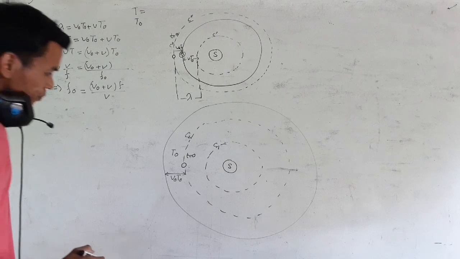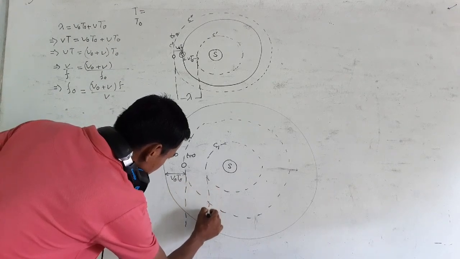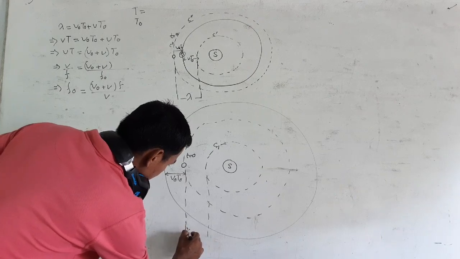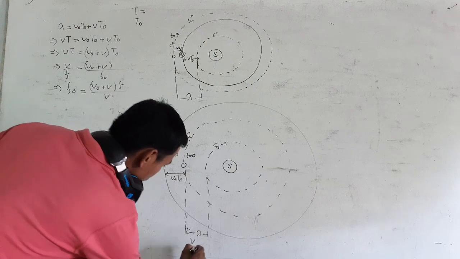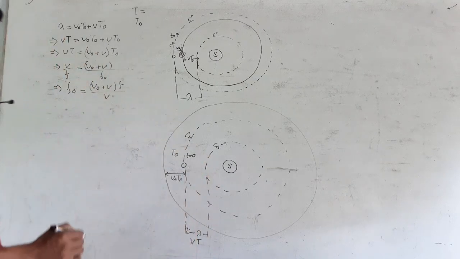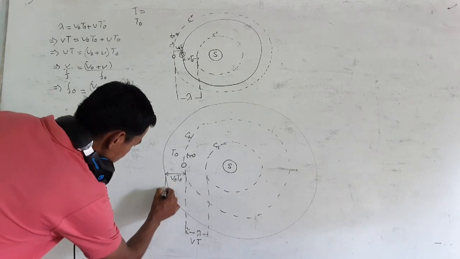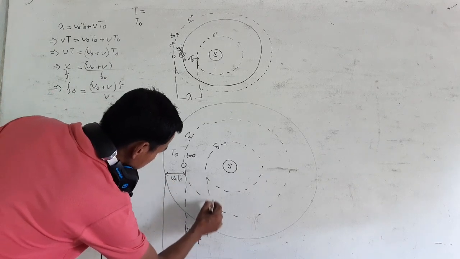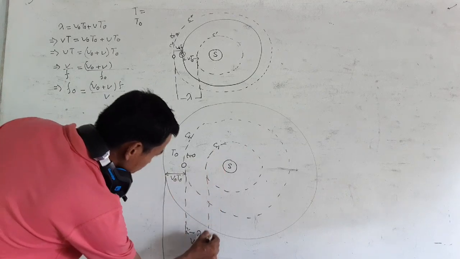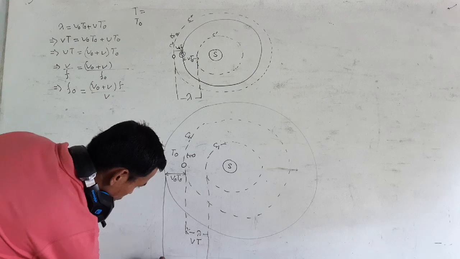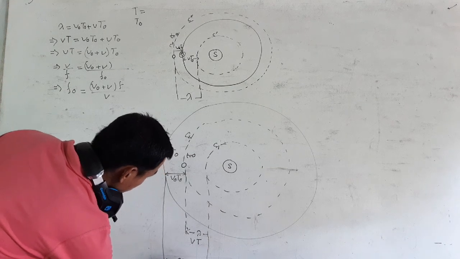Okay, so here the gap between the two dotted circles is the actual wavelength, lambda, and lambda is equal to speed of the wave into actual time period. But this is the apparent, and the distance between this compression C1 and the circle is the observed wavelength, lambda naught.